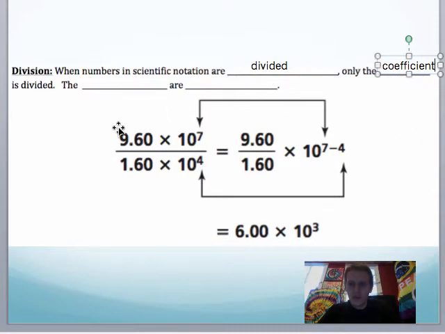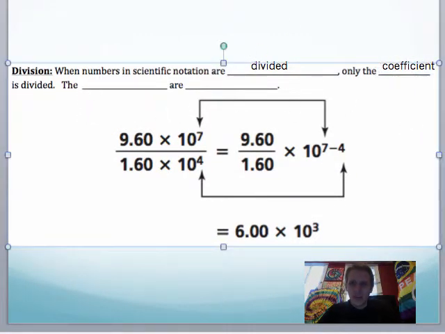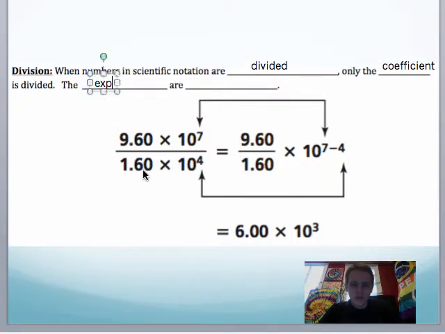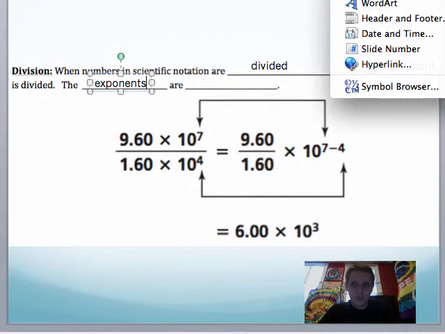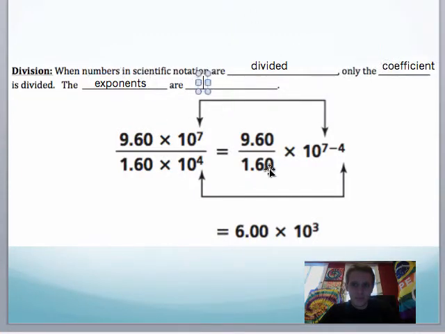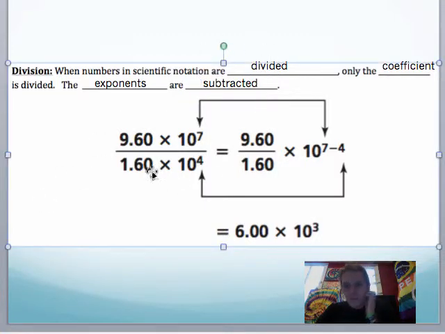So the coefficient is divided, the exponents are subtracted. So in scientific notation, the coefficients, the numbers in front of these powers, they're divided, and then the exponents are subtracted.